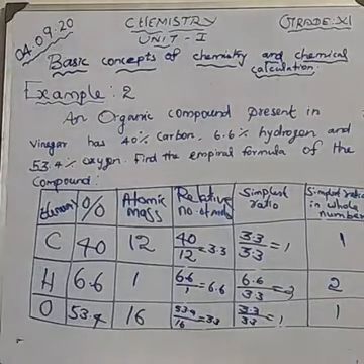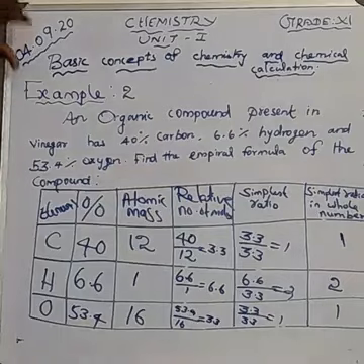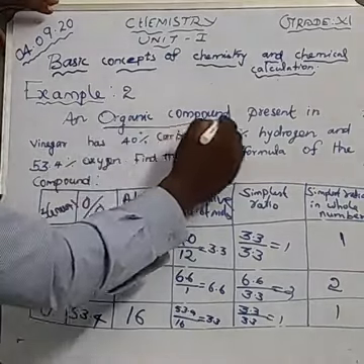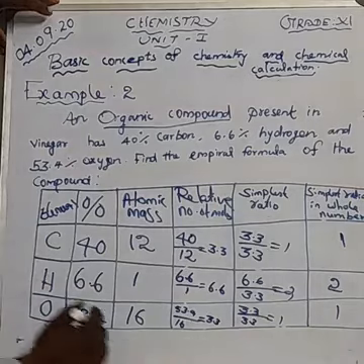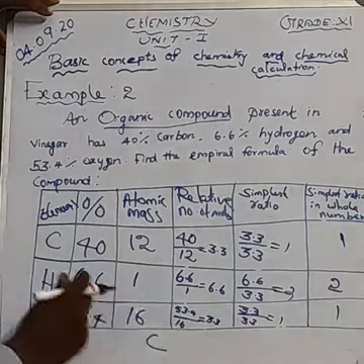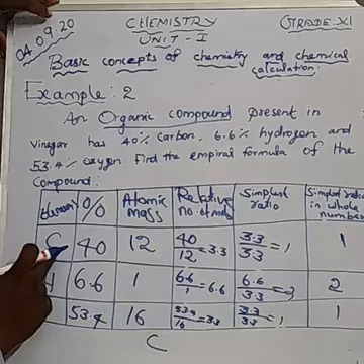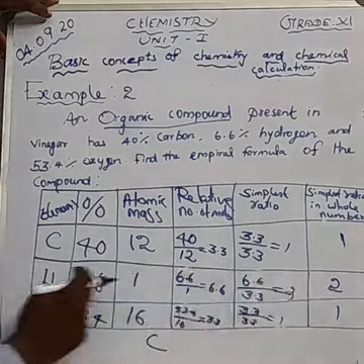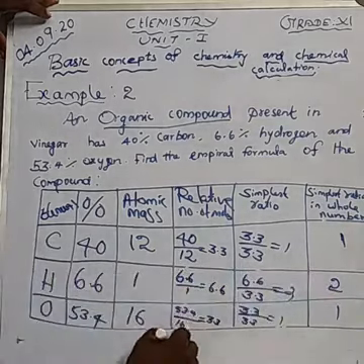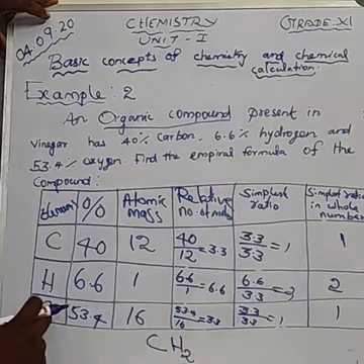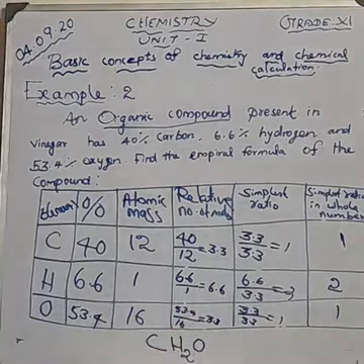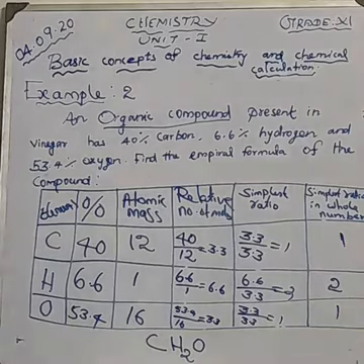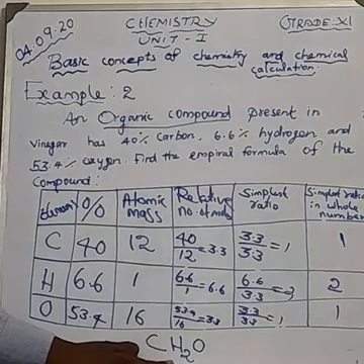So the empirical formula of this organic compound, you should write. Which elements are present? Carbon. Carbon how much? Carbon 1. Next one, hydrogen 2. H2. Next one oxygen 1. So the empirical formula of this compound is CH2O.